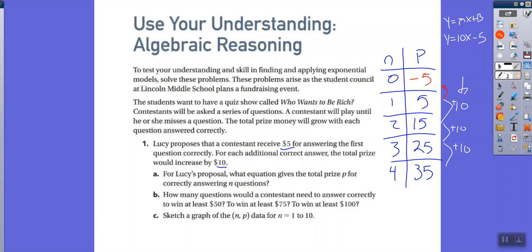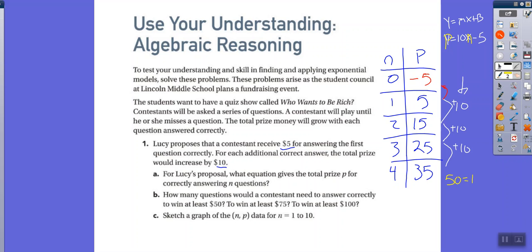Sorry about that. So I'm going to put 50 into my equation and then solve for how many questions. So 50 is my prize, right? So that's my p value, and x is going to be my number of questions, of course. So p is going to be 50.